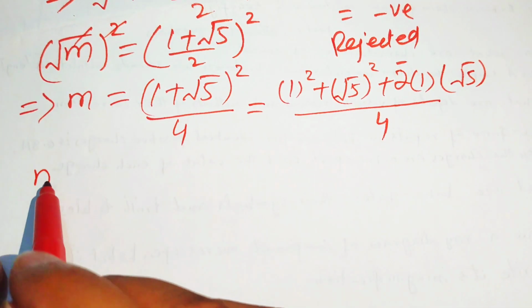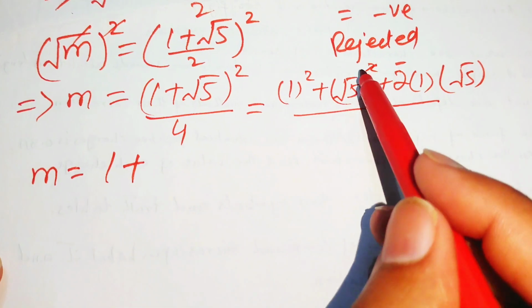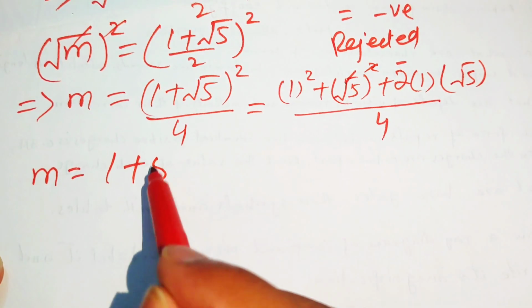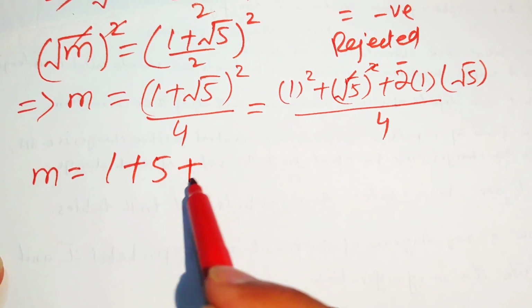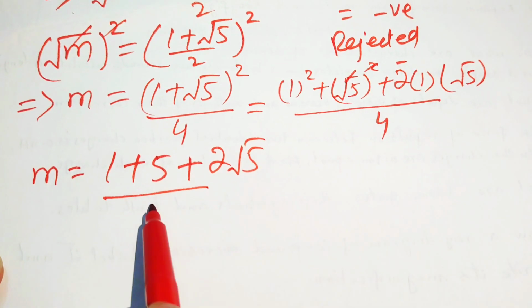Here we need some simplification, and we get 1 squared equals 1, and the square and square root are gone for the 5, and we get 5 plus 2 times square root of 5, divided by 4.